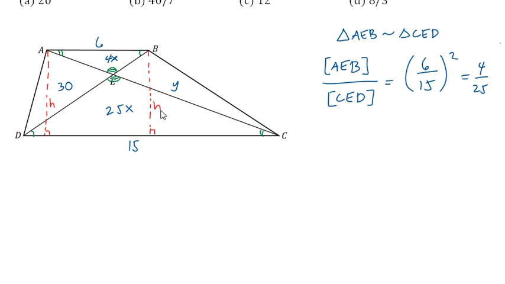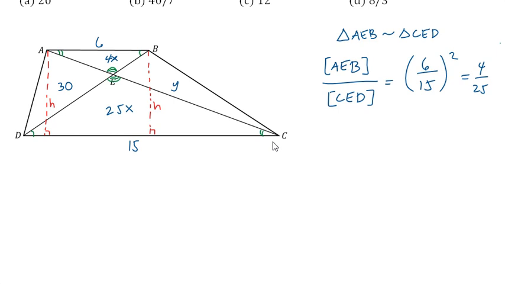Now, they also share the same base, which is CD. So based on this information, we can conclude that triangles ADC and BDC have the same area. Again, they have equal altitudes and they share the same base. And take note, the area of a triangle is just 1/2 times base times height.